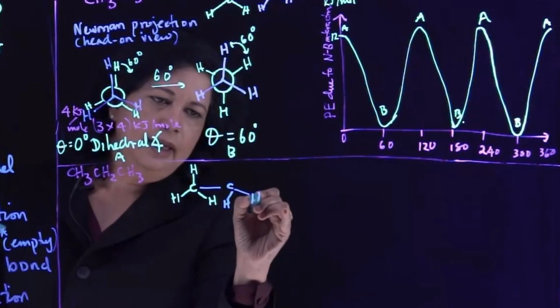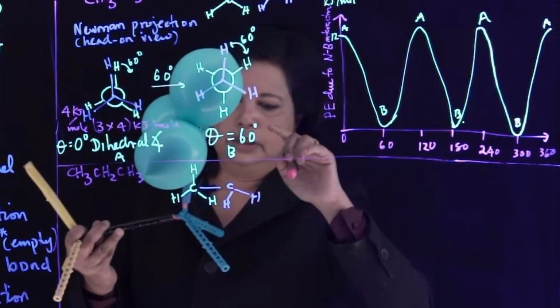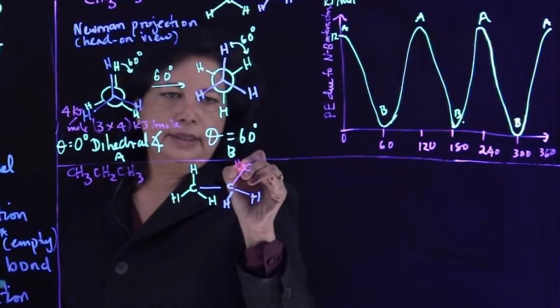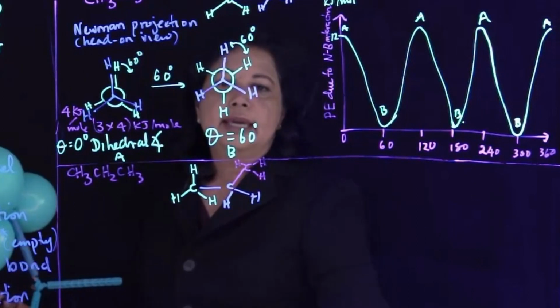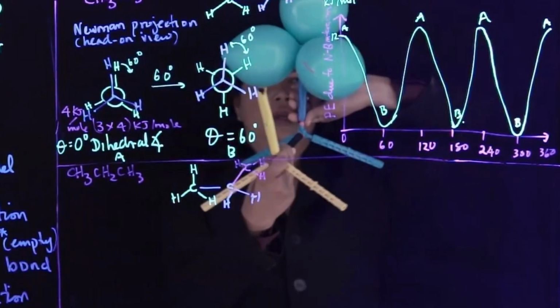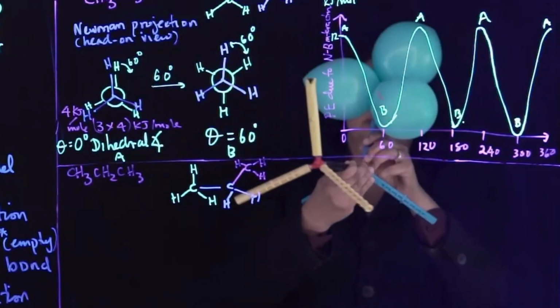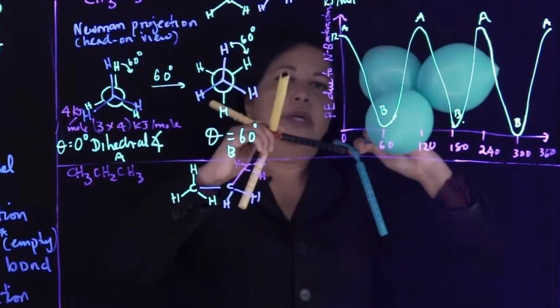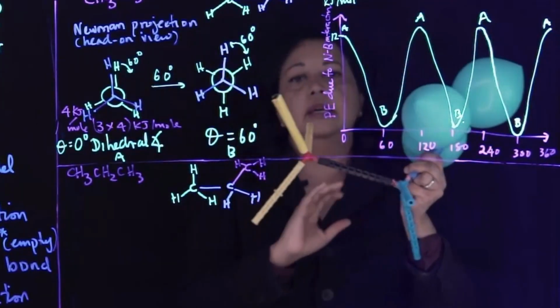CH, H, two hydrogens here, and then you're going to have this group over here, CH3 group here. So we are going to again do a rotation, to see all of the conformational possibilities for this molecule. Well, you have a lot. This is going to move, this is going to move, these are going to move, a lot of them.